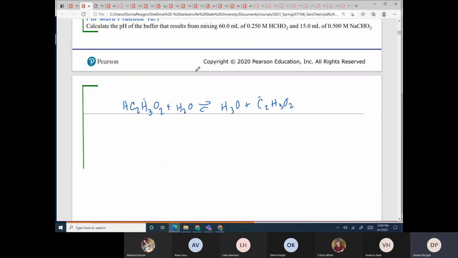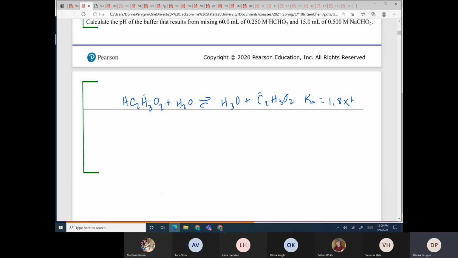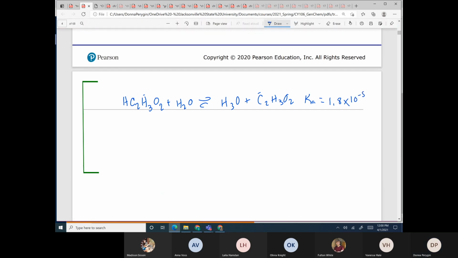We've got a Ka associated with that. Ka is equal to 1.8 times 10 to the minus 5th. And so we can set up our ice table.